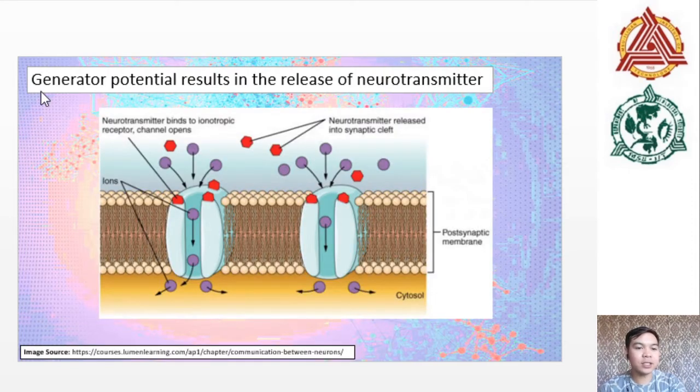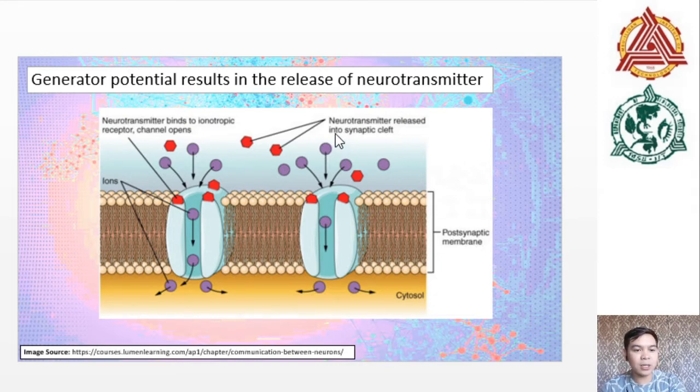In the case of sensory receptors, which are specialized cells, the local potential, which in this situation is called a generator potential, results in the release of neurotransmitter. The neurotransmitter is then able to influence the electrical activity of the neuron associated with the sensory receptor.